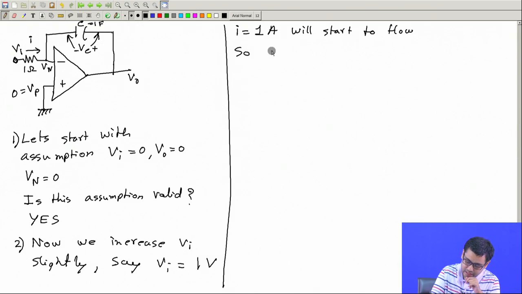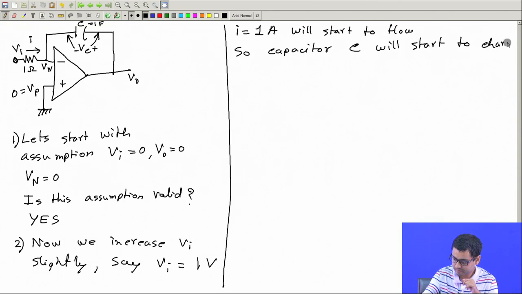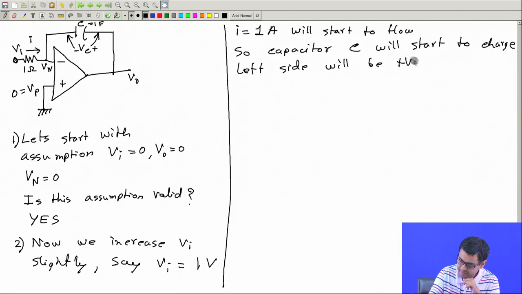So capacitor C will start to charge. Current is coming from the left side, so the left side will become positive, and the right side will be negative.